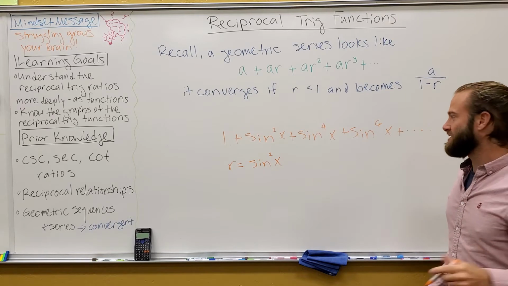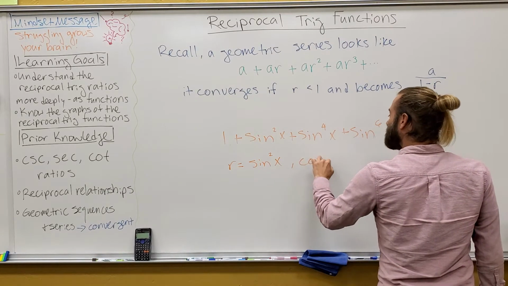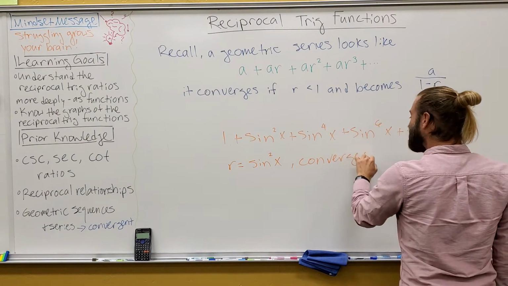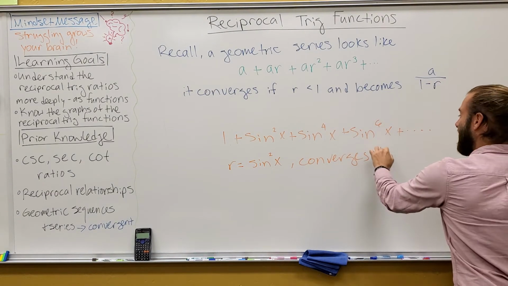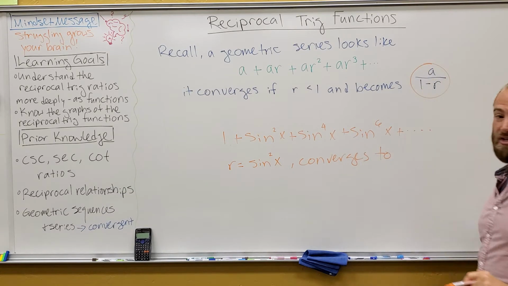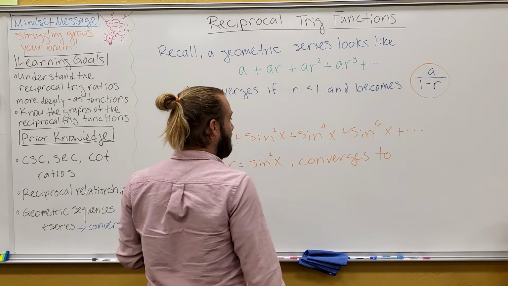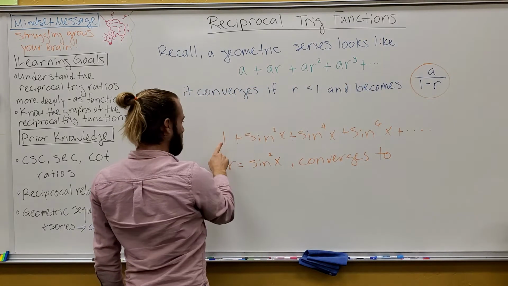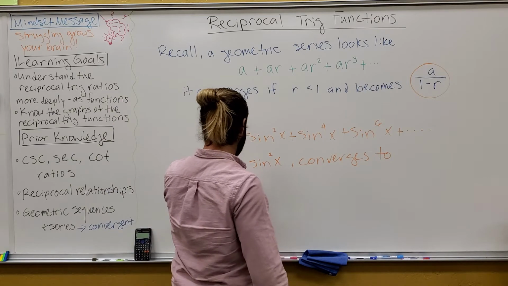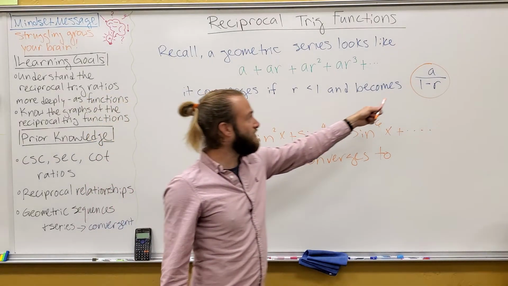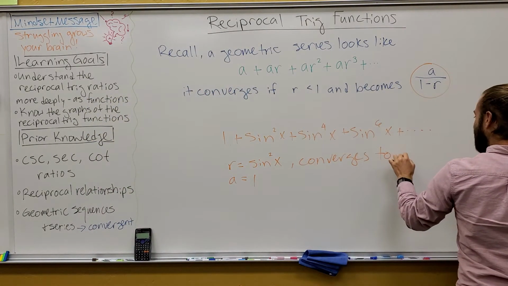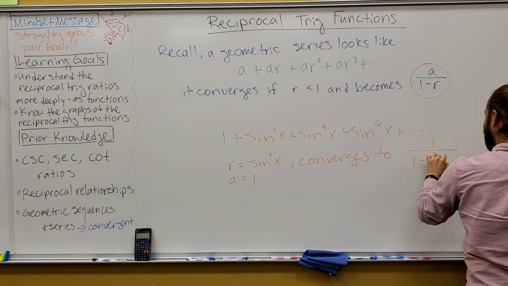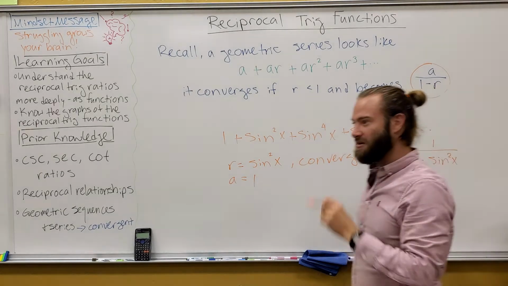But the cool thing is I just want to show you that if we add this infinite sum up, it actually converges, it reaches a plateau, and based on this formula we've learned in the past for convergence, here's what it converges to. Well, a represents our first term, which is 1, so a equals 1. It converges to a over 1 minus r, so 1 over 1 minus sine squared x.